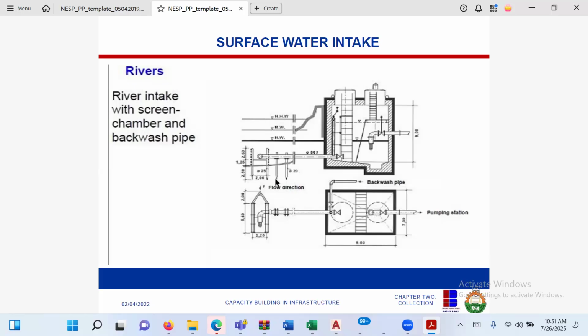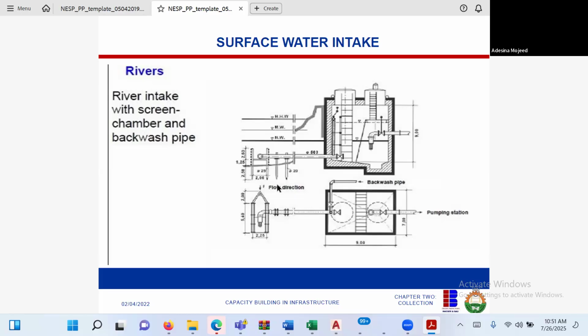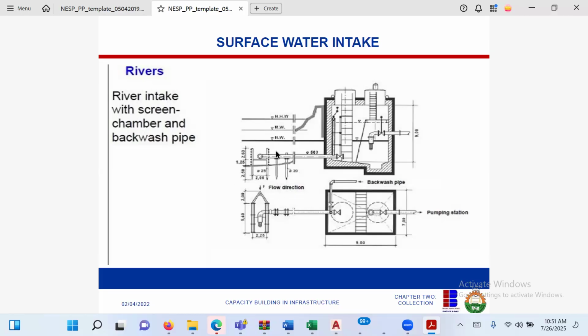More like a pile. You pile it into the ground so that when water comes in, from here you pump the water out. So this is a ladder, this is a riser, sorry, for you to be able to go in here and clean it once in a while.